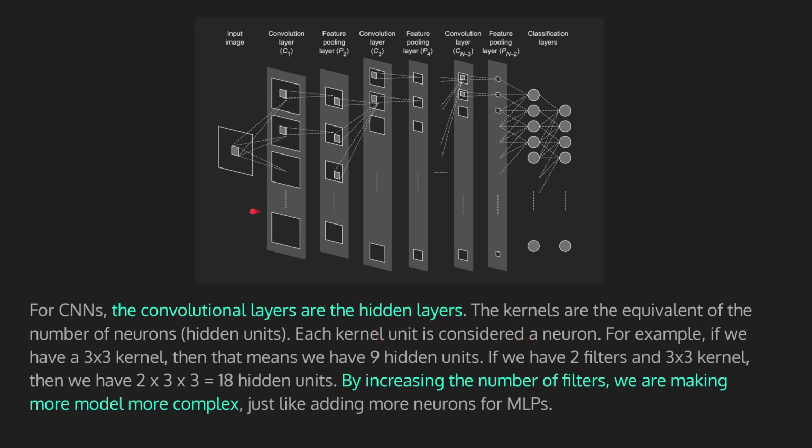For example, if we have a 3x3 kernel, then that means we have 9 hidden units. And if we have 2 filters, which means 2 3x3 kernels, then we have 2 times 3x3, which gives us 18 hidden units, right? So by increasing the number of filters, we're making our model more complex, just like adding more neurons for MLPs.